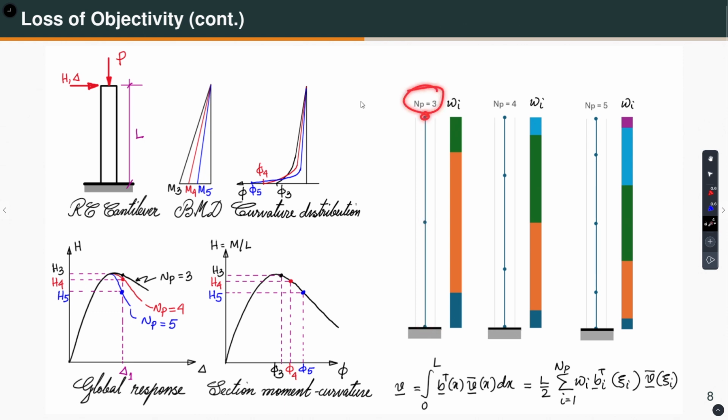When I am using 3 integration points, these are the weights that I am showing schematically. This is weight for this bottom integration, and for this one, this is the weight. For this one, this is the weight. Okay. So, for number of integration point equal to 3, let us say this is the solution and the load is H3, okay, at some displacement delta 1.